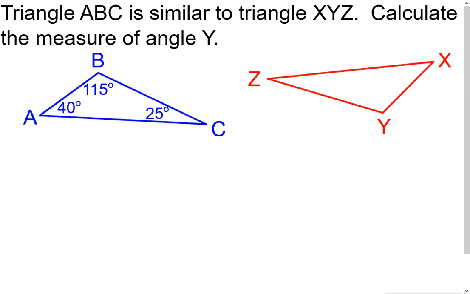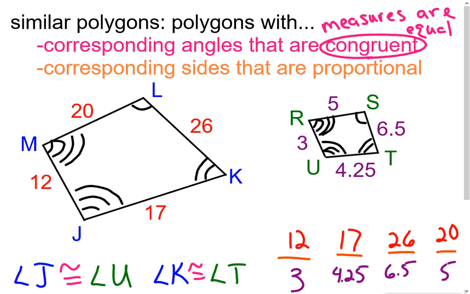Now, the next thing that I want to look at is I want us to be able to calculate the measure of a missing angle measure. In this case, there's 3 of them that are missing. The only one that I really want to focus on is angle Y. I want to know what's the measure of that one. Well, if we go back, I'm just going to come back here real quick, and we look at this, that the corresponding angles are congruent.